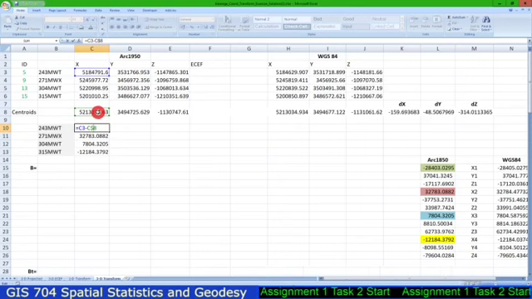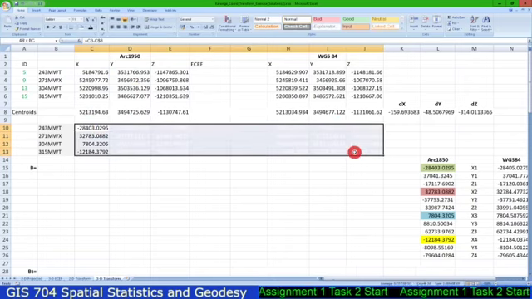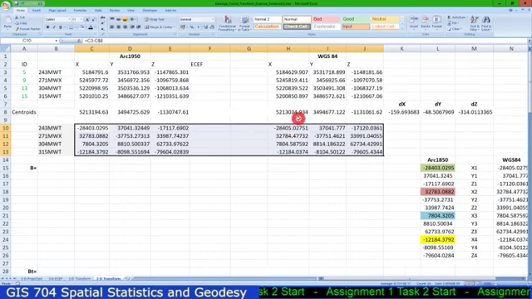And the same over there, subtracting that one minus that one. And we can get all the centroids, which are then more or less on the same system.